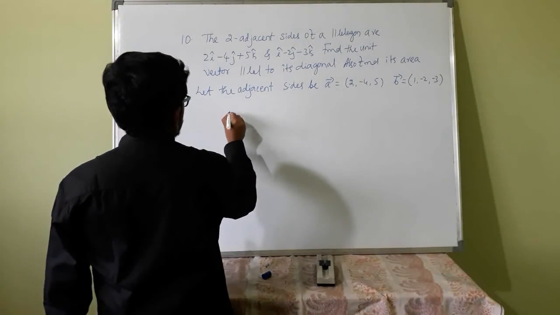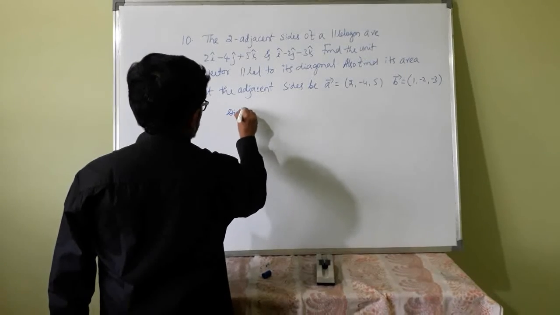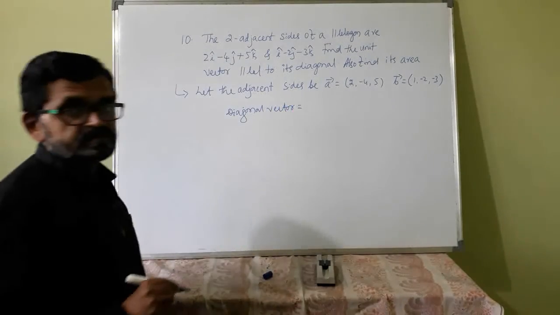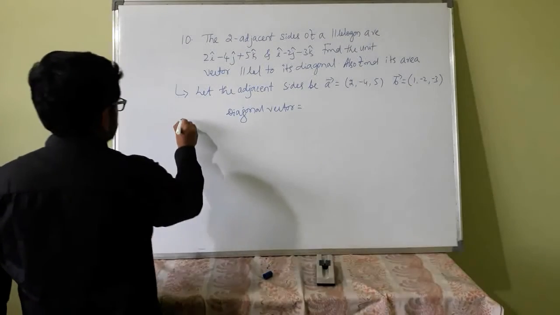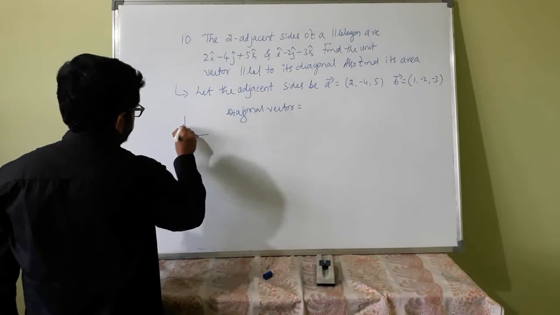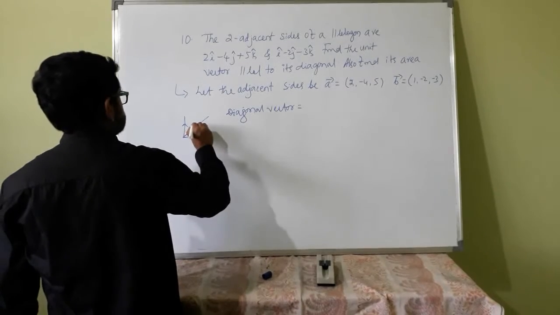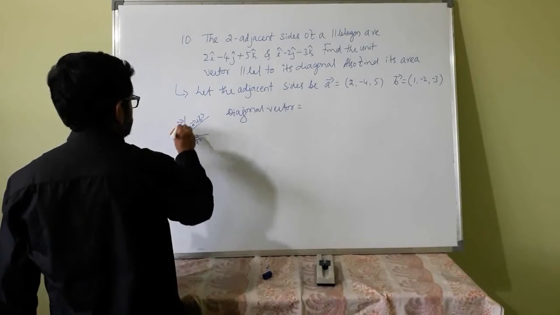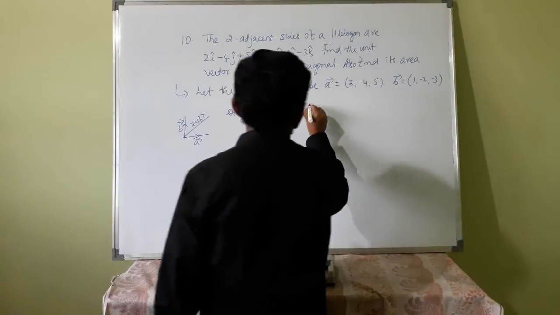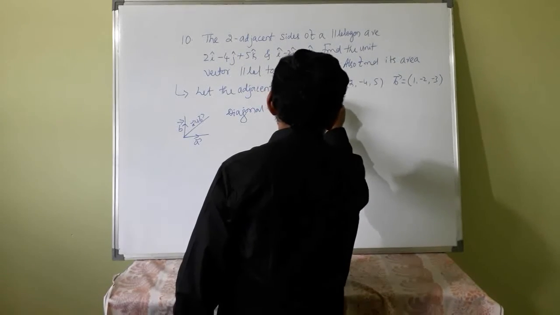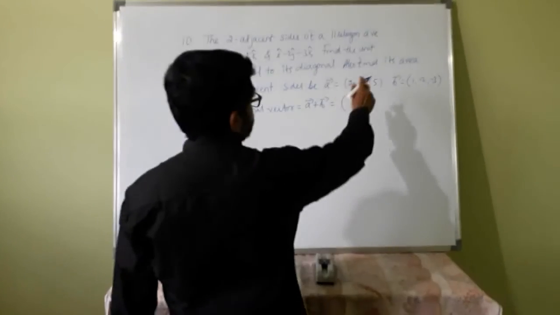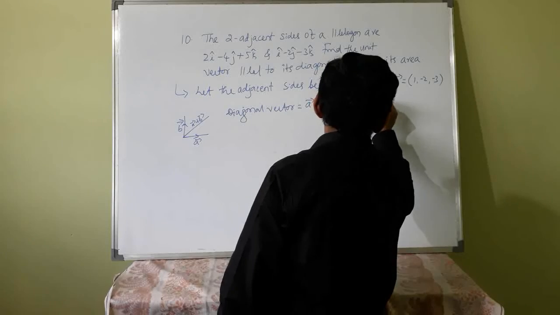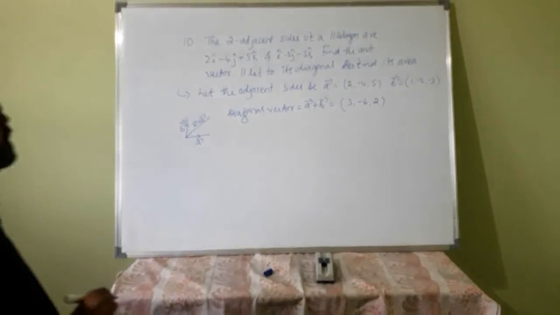So which is the diagonal vector? If a and b are adjacent sides, its sum will be the diagonal. So this is a plus b, the diagonal vector, which is 2 plus 1 is 3, minus 4 minus 2 is minus 6, 5 minus 3 is 2. Okay, this is the diagonal vector.